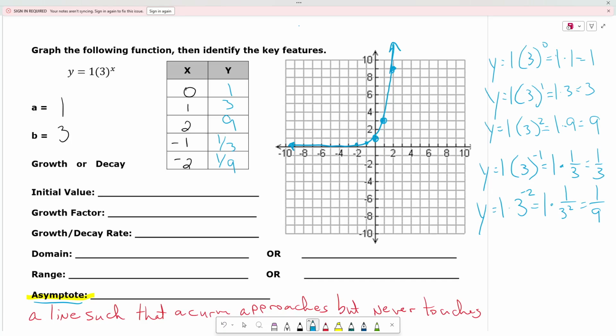In this case, our asymptote is going to be the x-axis, so it'll be the line y equals 0. Filling in the rest of these things here, our initial value for this one is 1, because that is my A value. My growth factor, which is my B, is going to be 3.